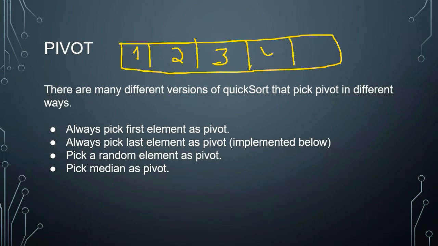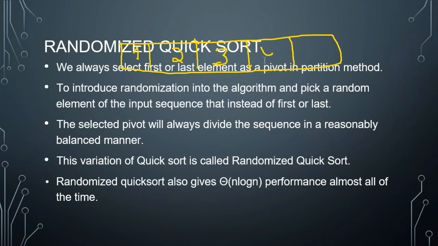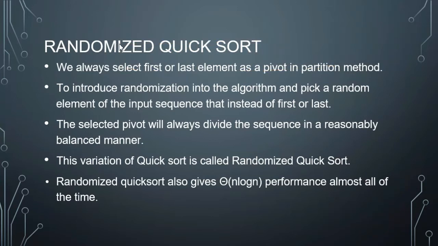Here we see randomized quicksort. Randomized quicksort is a way to choose the pivot. The basic concept is choosing a pivot randomly in an array.